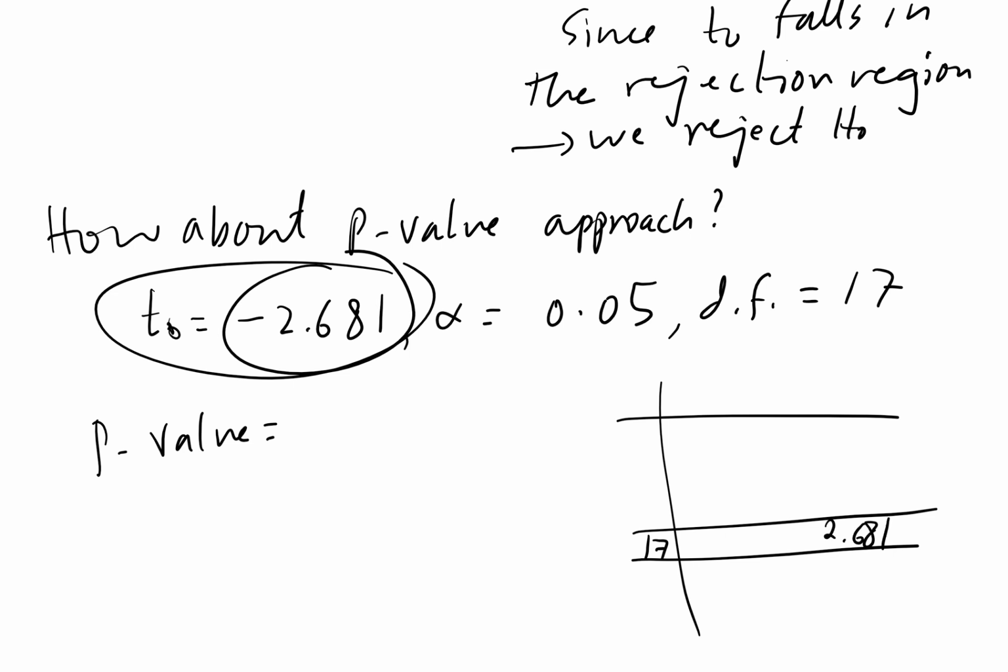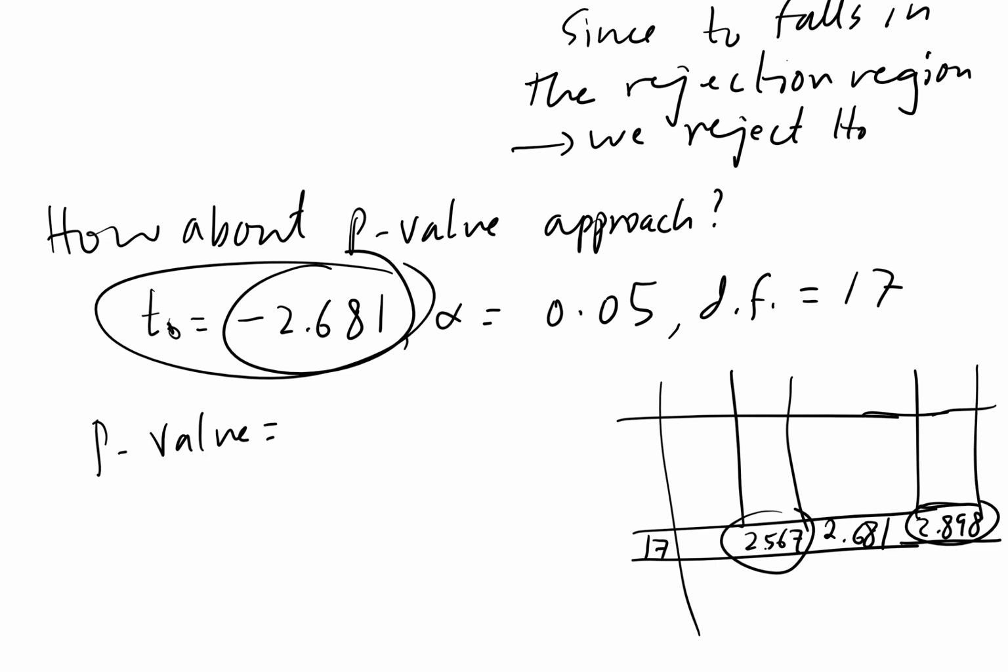By looking at this, I do not see that exact value there. It doesn't mean something is wrong or there's no solution. It falls between two numbers, 2.567 and 2.898. So then we look up here and see what these values are. This is the actual p-value that we want, but we can't find exactly what it is.